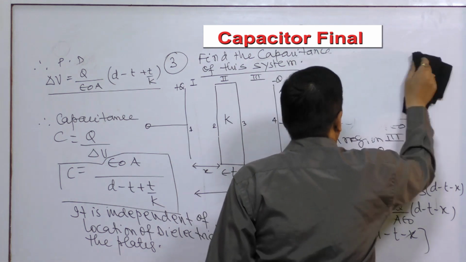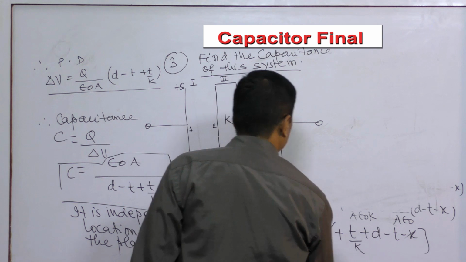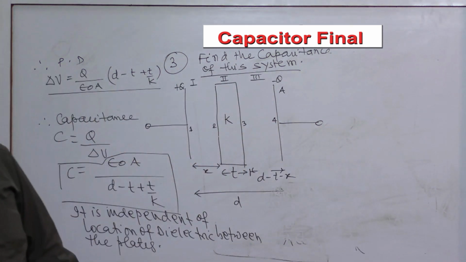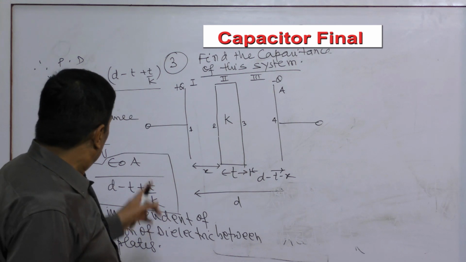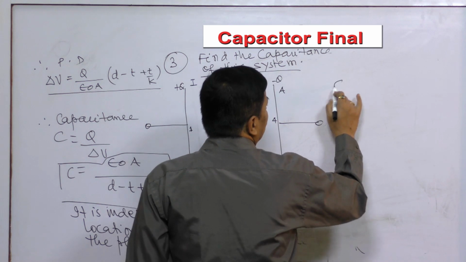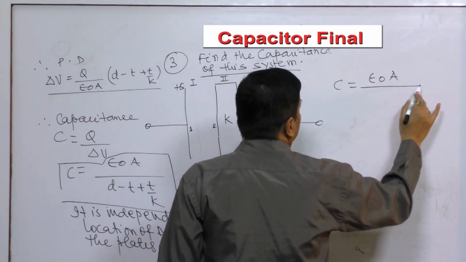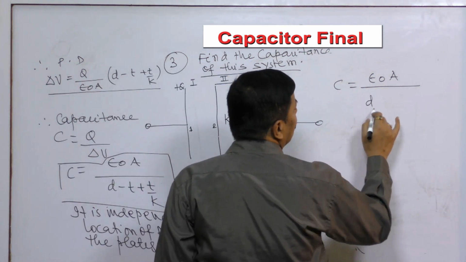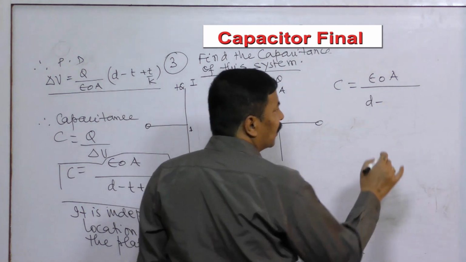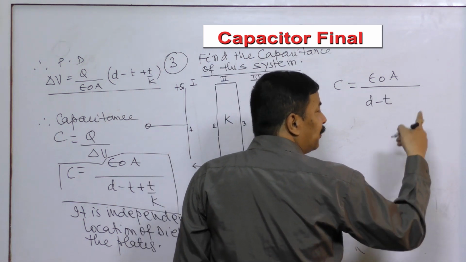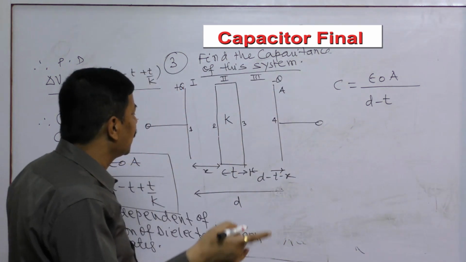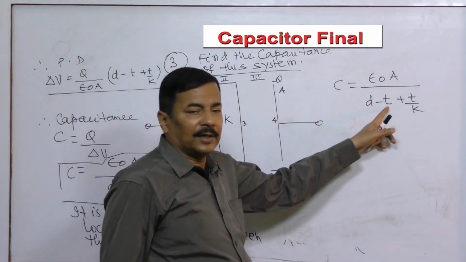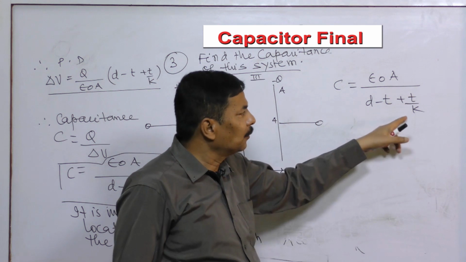The method is this: C is equal to epsilon naught A by whatever is the separation, that is D, minus the thickness of the dielectric T, plus the thickness filled with the dielectric, that is T by K.